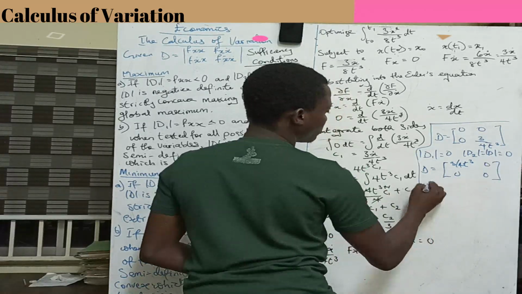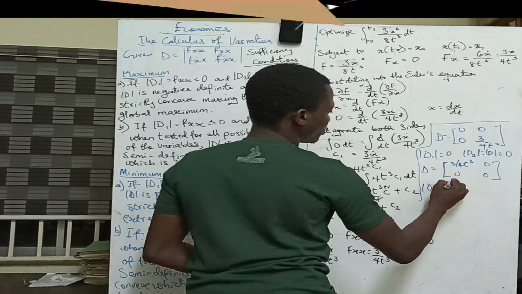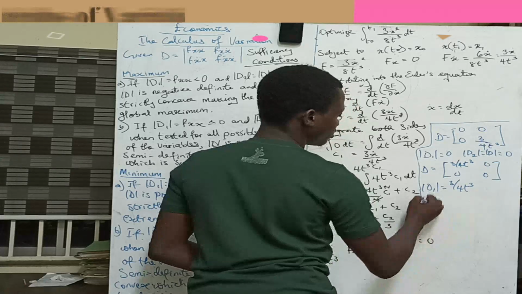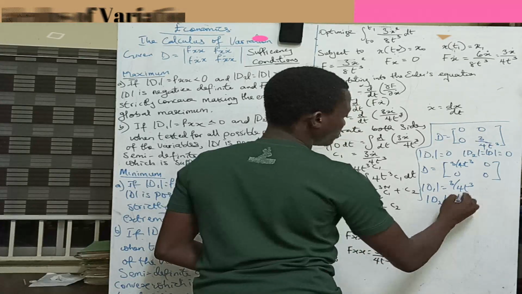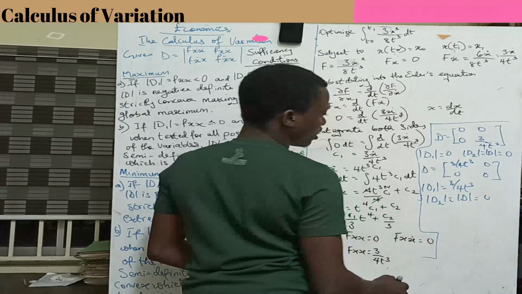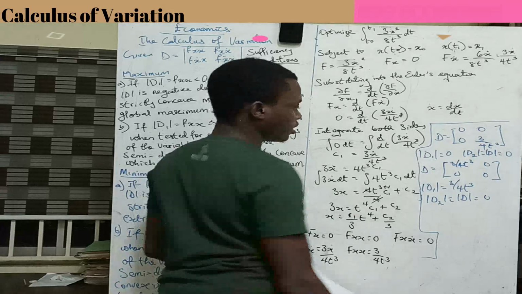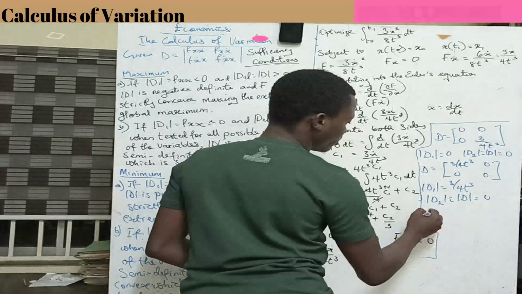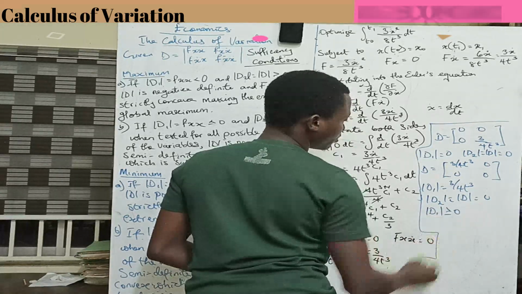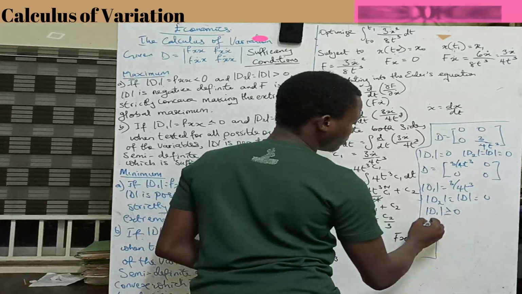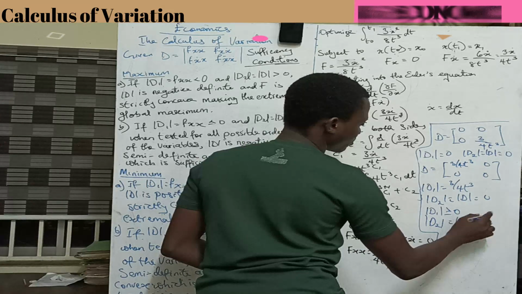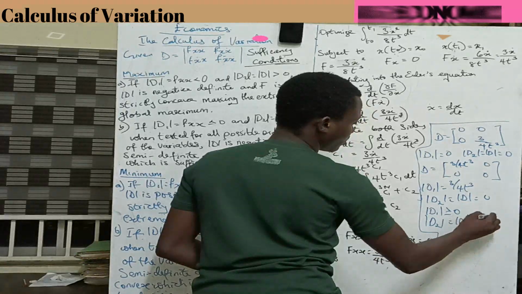Alright, so here D1 will be equal to 3 over 4 c cube, then D2 equals D is equal to 0. So at the end of the day, this is positive, right? So we have D1 greater or equal to 0, and then D2 equal to D, greater or equal to 0.